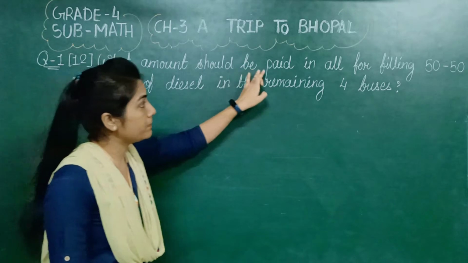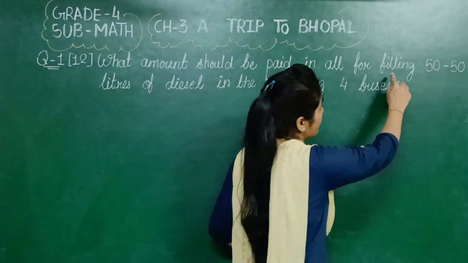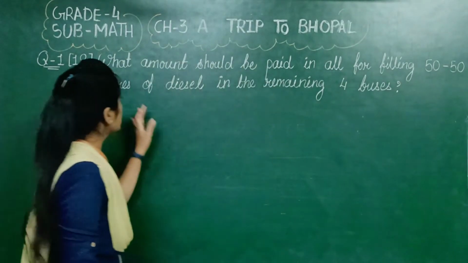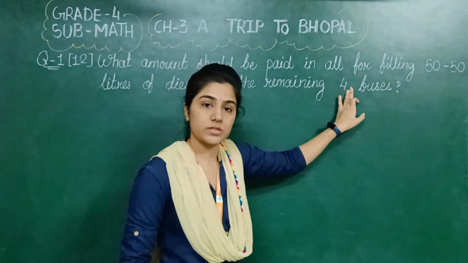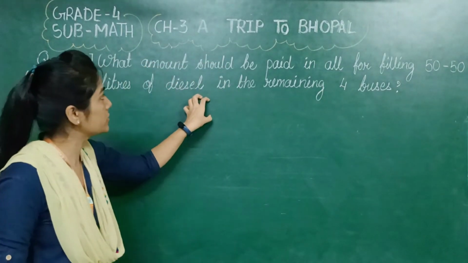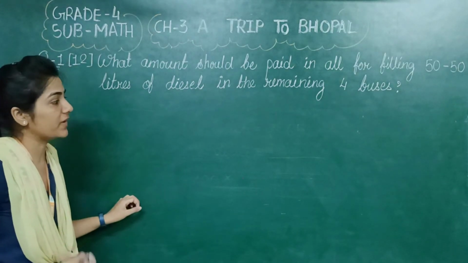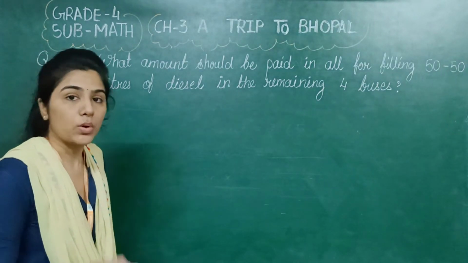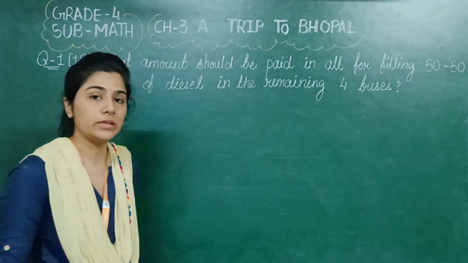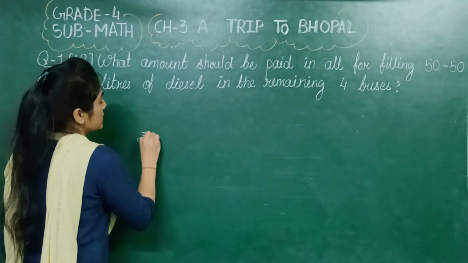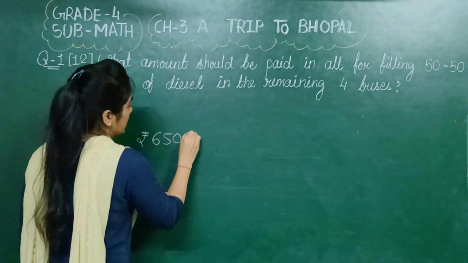Now question number 12. What amount should be paid for filling 50-50 liters of diesel in all the remaining 4 buses? See what is given in this question. First of all, we have to find the value. We have already found that we have paid rupees 6500.